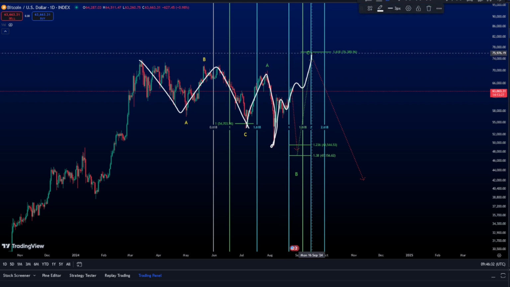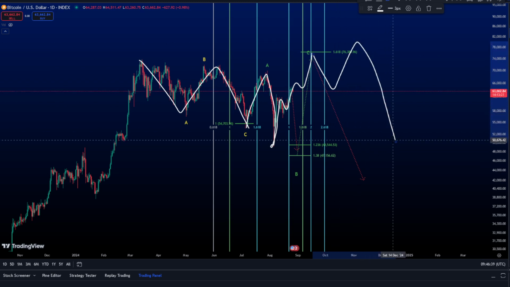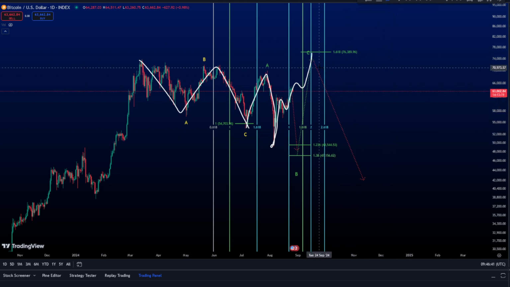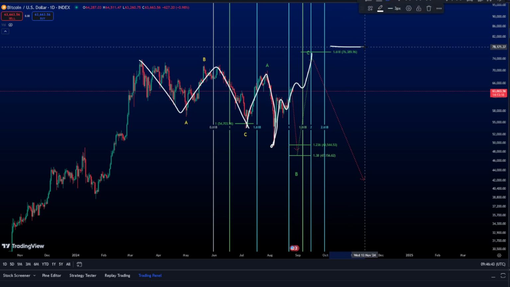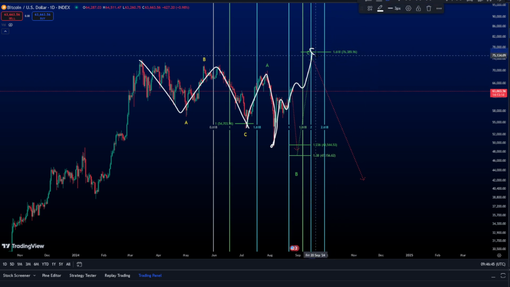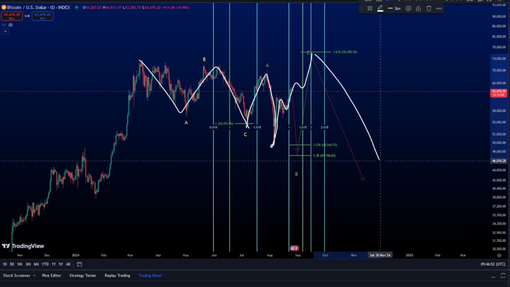That means we are looking for a zigzag, a regular flat, or even another expanding flat. So in that case, we reach this level, which is a higher high, by the way, higher than any all-time high, and we are looking again for another structure towards the downside.